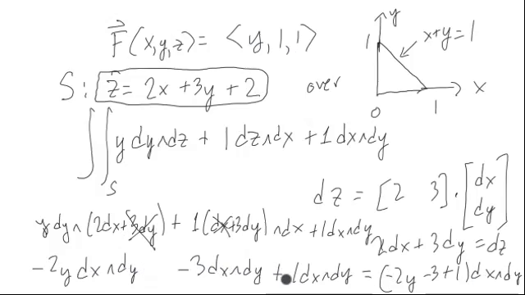So it's kind of like we're taking this vector field, and all along as we move along the surface, we're dotting it with this vector, negative 2, negative 3, 1, which actually points above the surface.